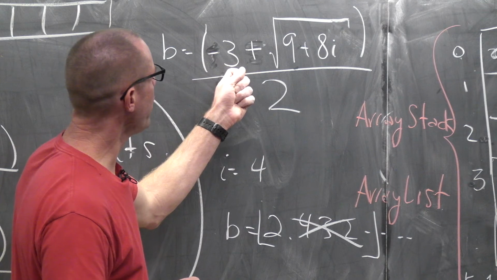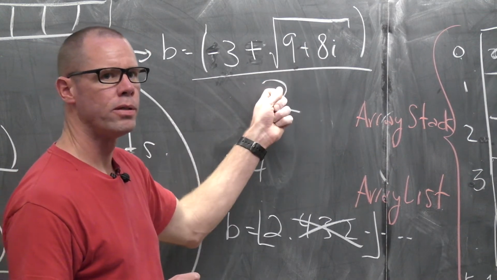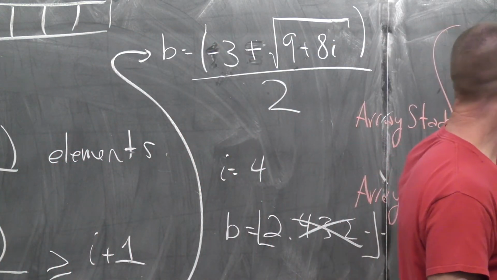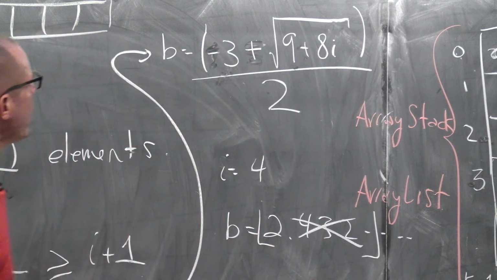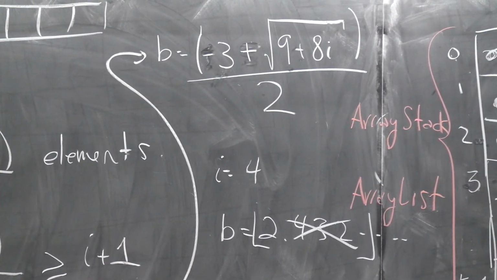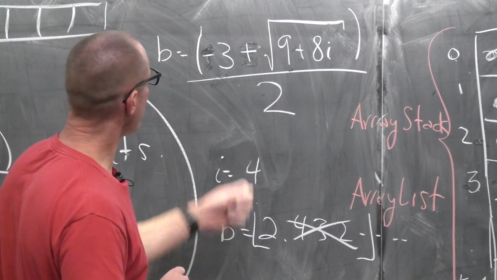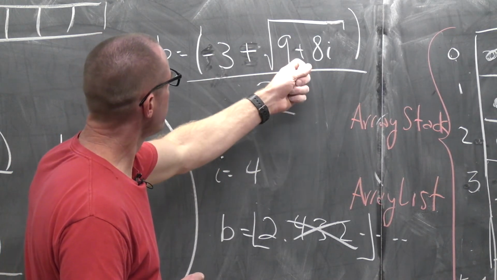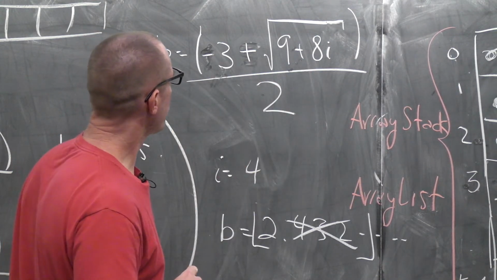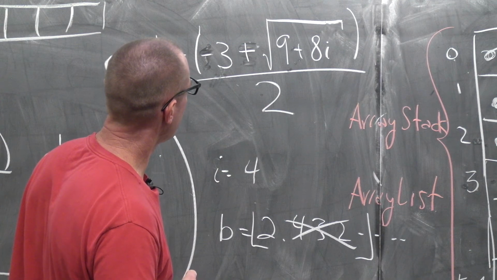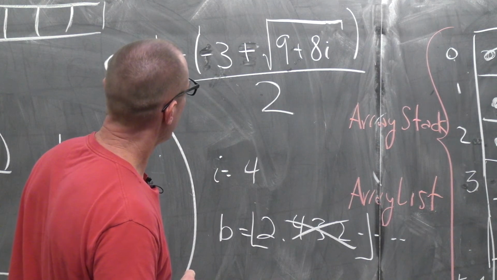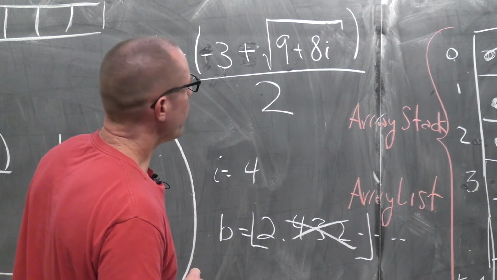This is minus 3 plus 3 over 2 is 0. Gives us this thing. That's good. If we take i equals 1, that will give us minus 3 plus the square root of 9 plus 8.